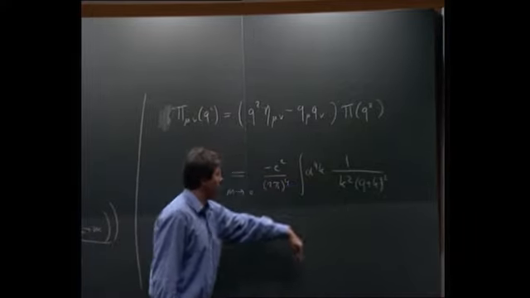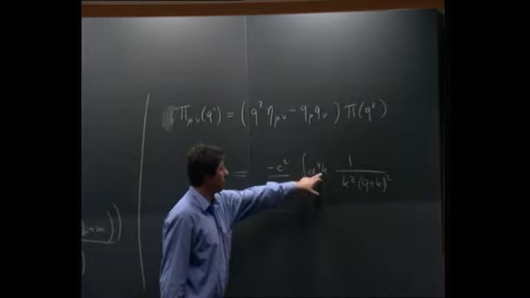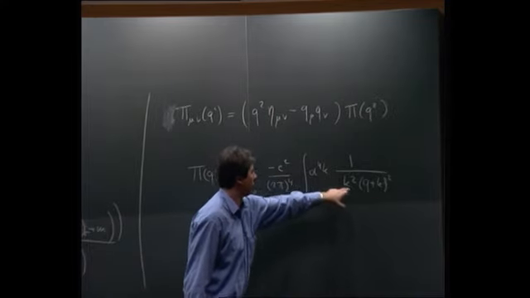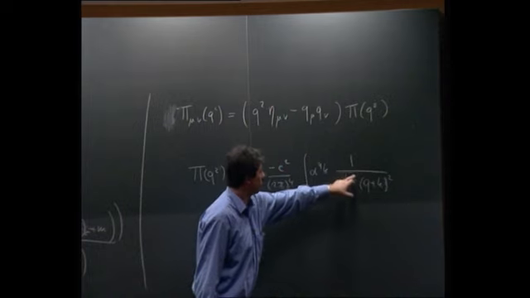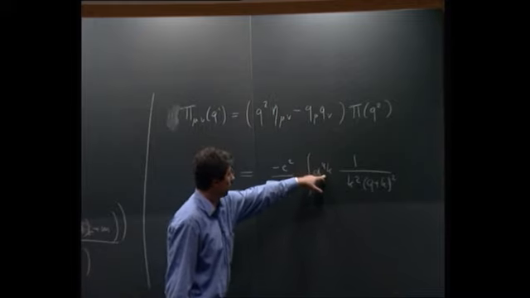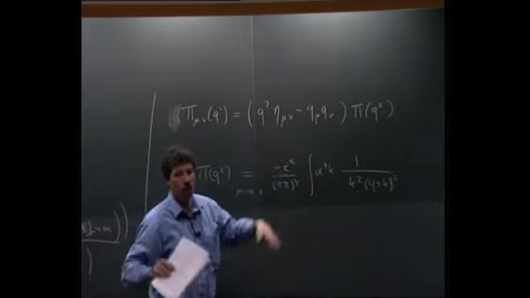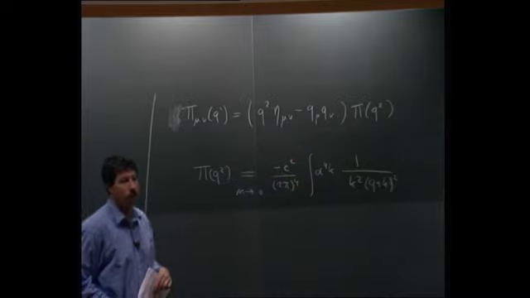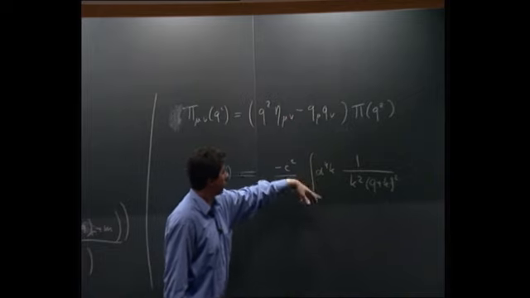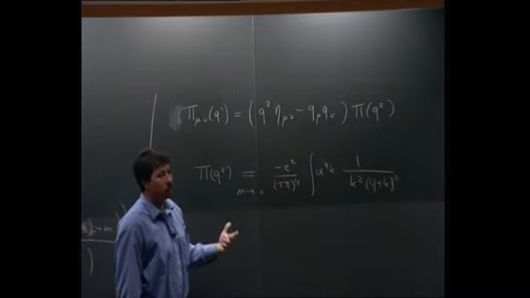If you look at how this integration behaves when k becomes very large, taking all powers of k here, it's something like 1 over k to the fourth. But the integration in 4-momentum space also involves powers of k. If you think about the volume of a sphere in 4-dimensional space, it goes like k to the third. So the integration of something like that is a divergent integral.